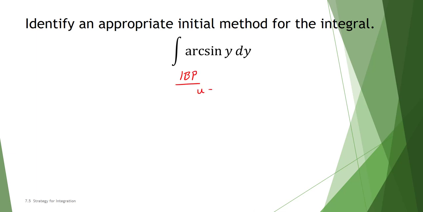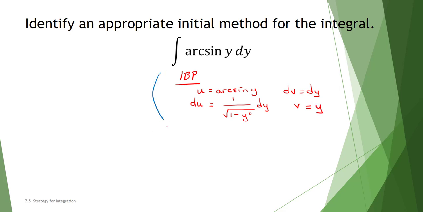So I'm going to do integration by parts. I'm going to choose u to be arcsine of y and dv to be dy. Then my du is 1 over the square root of 1 minus y squared dy, and v equals y.